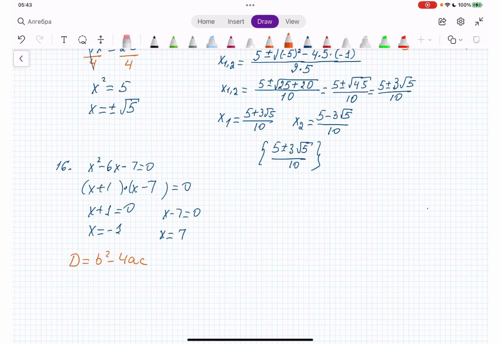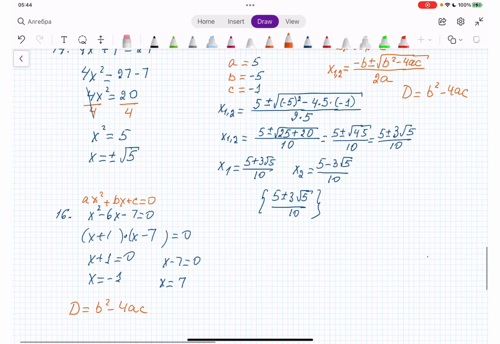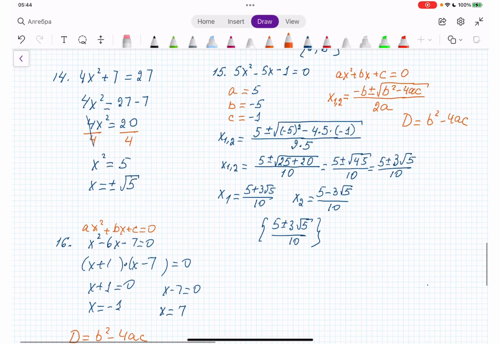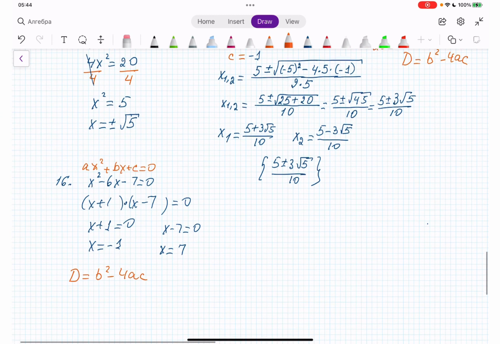So let's write down how much my a, b and c are. So ax squared plus bx plus c equals 0. Even though we solved this quadratic equation via factoring, you still can solve it with this method also, with the method I applied in problem number 15 by formula.